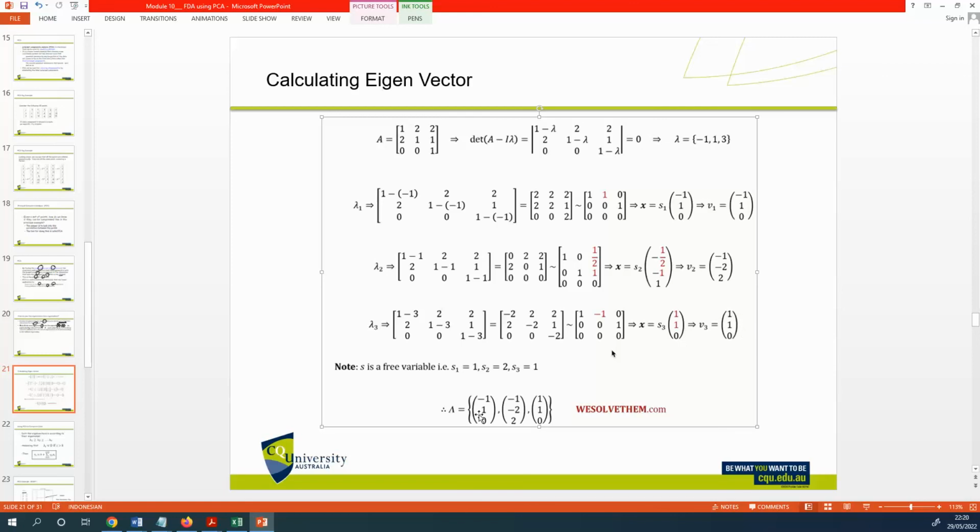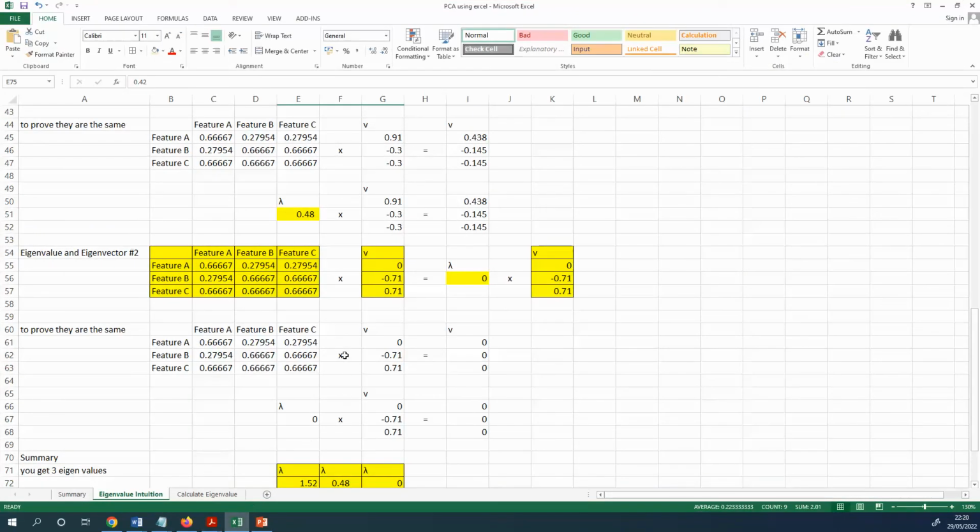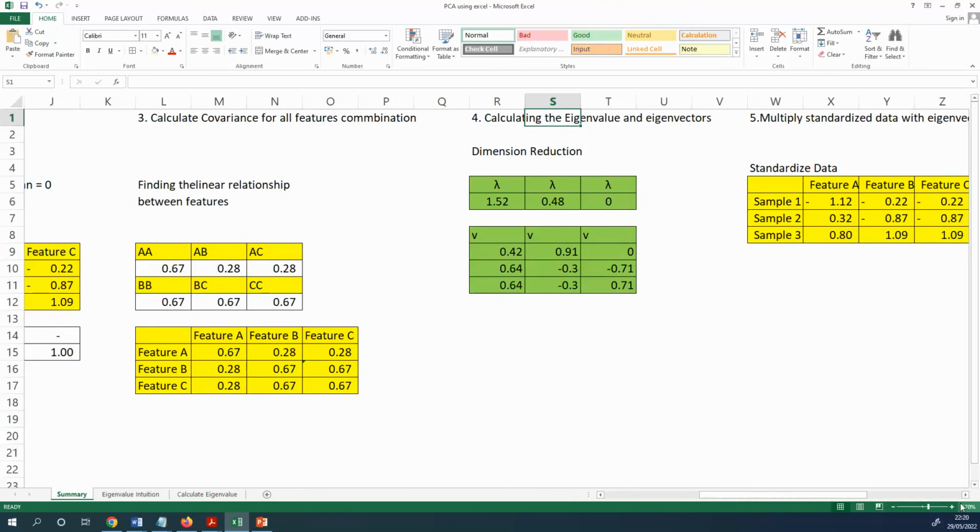And this is the final matrix of the eigenvector. This is how to develop the eigenvector that we put into the equation here. So we have the eigenvector in place.